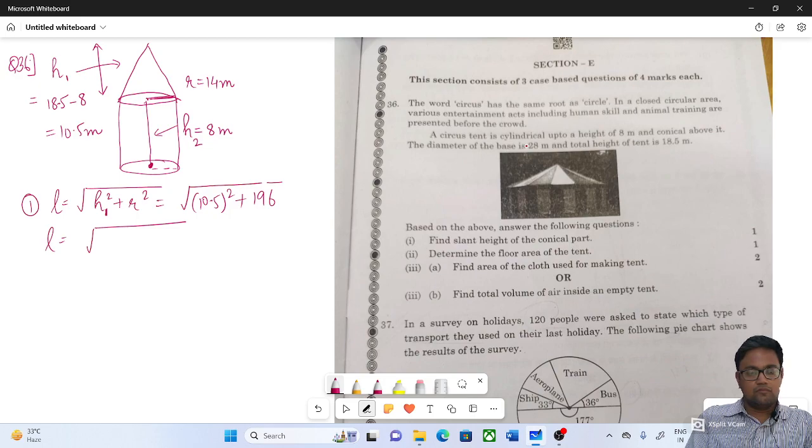So 110.25 plus 196. You need to add these two quantities. So 0.25 will be placed at the bottom, 6, 9, 10 and 3, right? So we need to find the square root of 306.25.